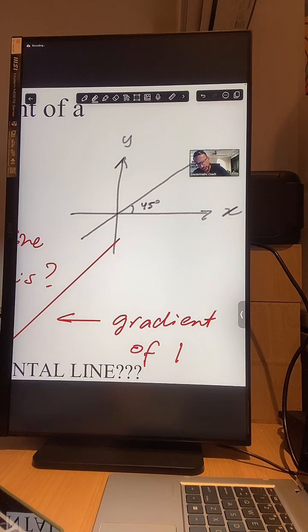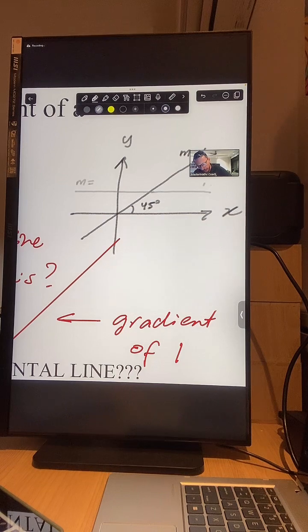This line, your gradient m will be 1. Just now we were asking about a horizontal line, right? A horizontal line is a line that cuts across like that. This one, your m will be 0.